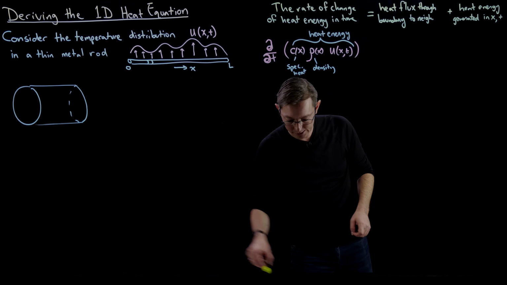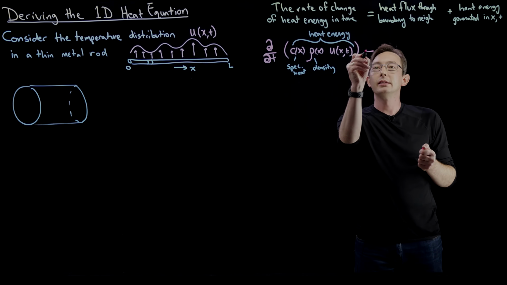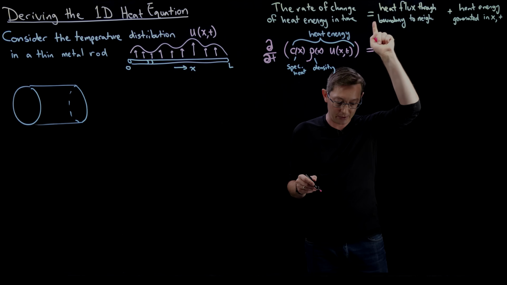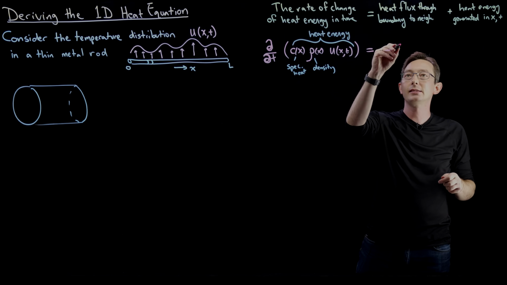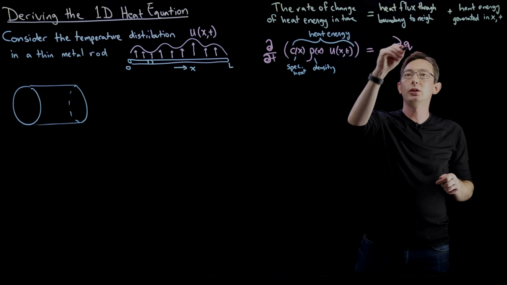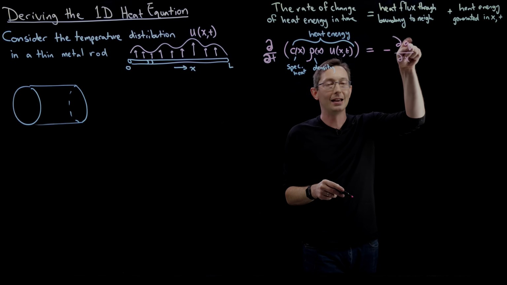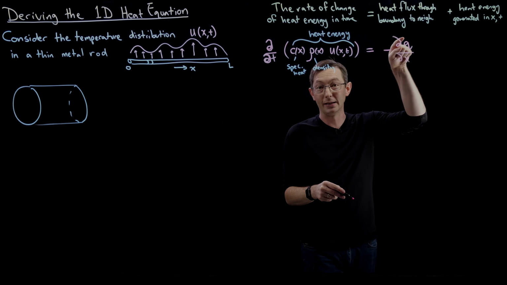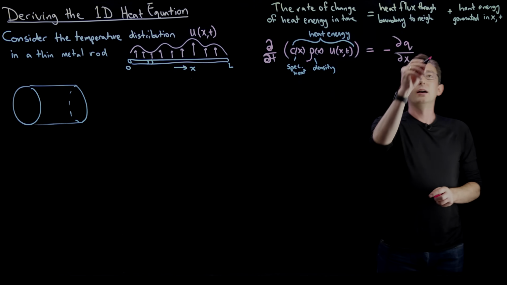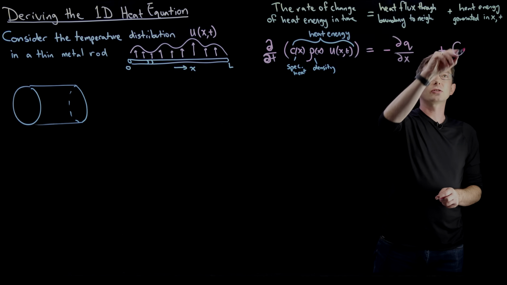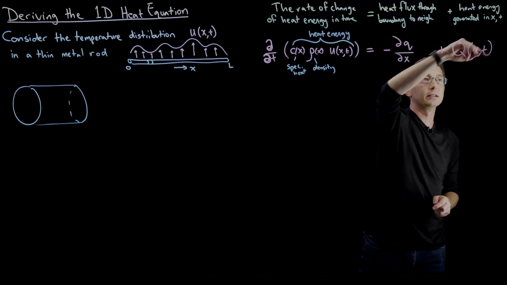And so this is going to equal, so let's keep the color scheme here. This is going to equal heat flux through the boundary at each point. I'm going to write this as a minus partial q partial x. I haven't told you what q is. This is a heat flux quantity that is related to the temperature. I'm going to derive it over here, plus these sourcing terms Q of x and t.